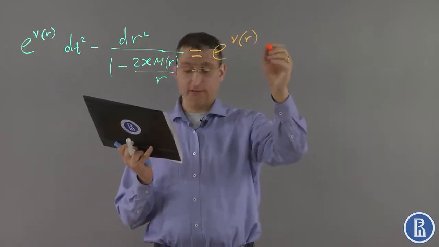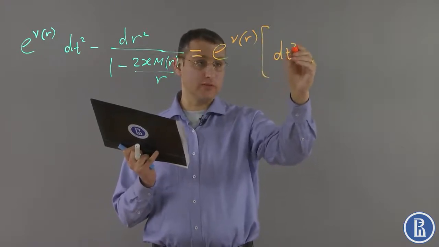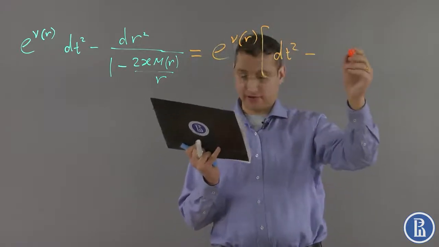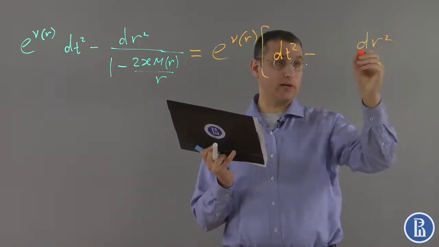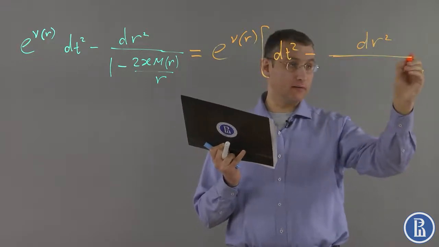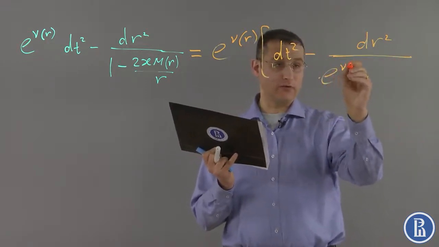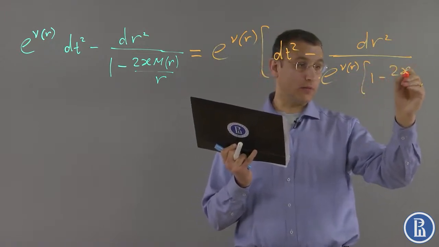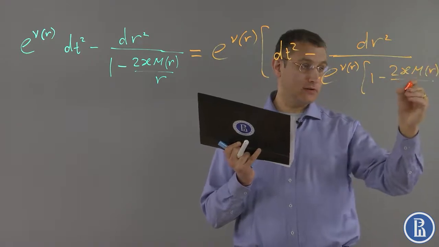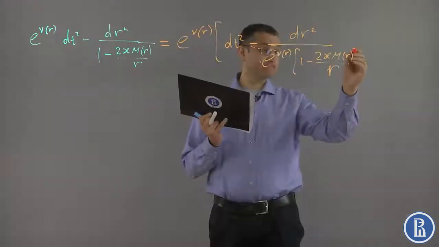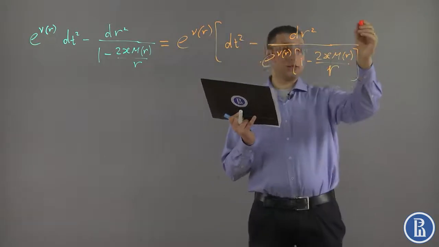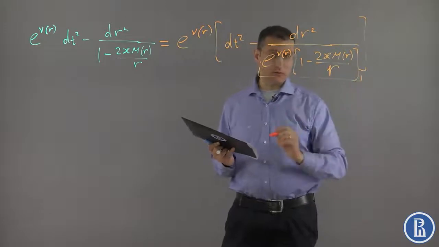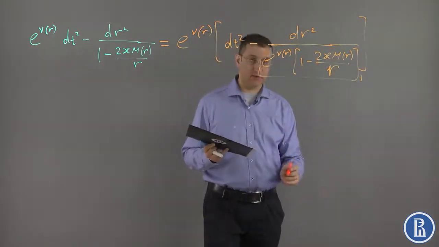We represent it like this: dt squared minus dr squared divided by exponent of nu of R, times 1 minus 2 kappa m of R divided by R. And now recall that this is an everywhere regular quantity, the one which is standing in the denominator.